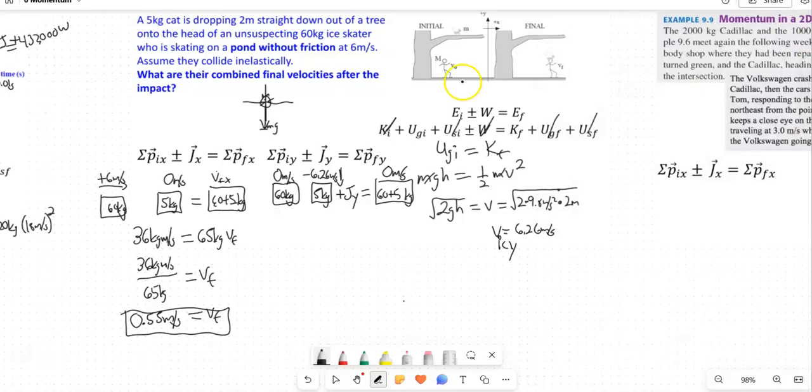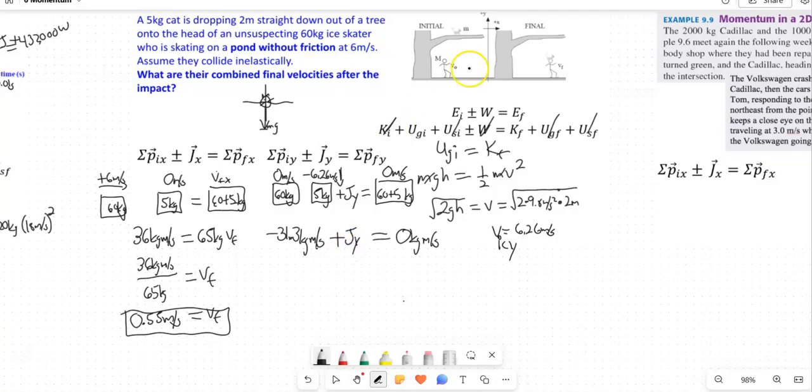So the kitty cat is the only one moving in the y direction, which is negative 31.3 kilogram meters per second. And that is equal to 65 times 0, which is 0 kilogram meters per second. So what do you find out? There has to be an impulse.